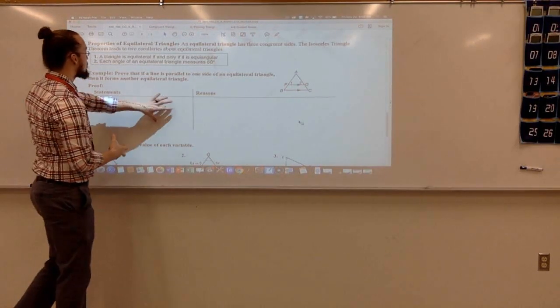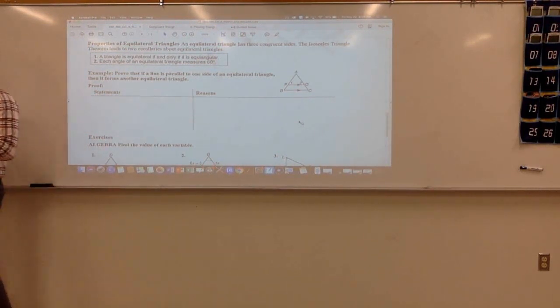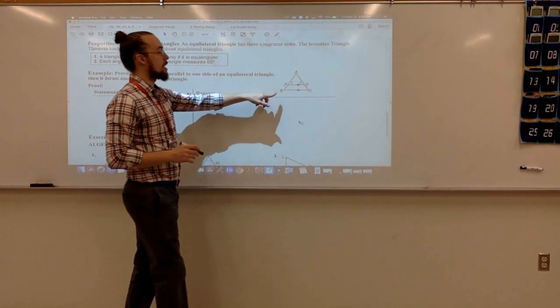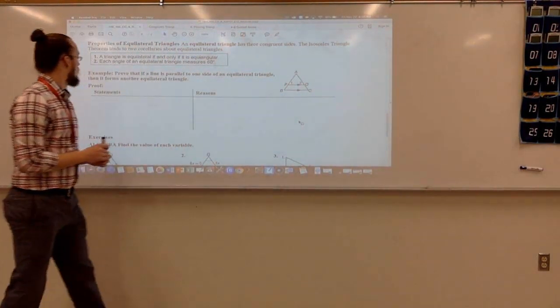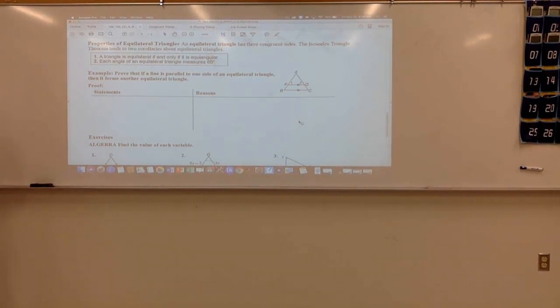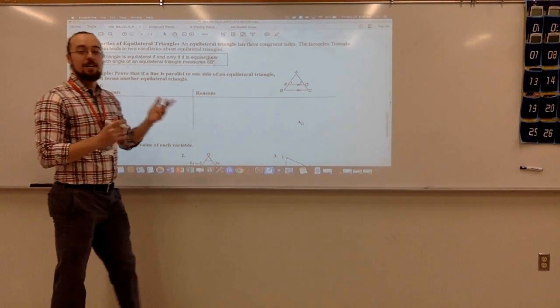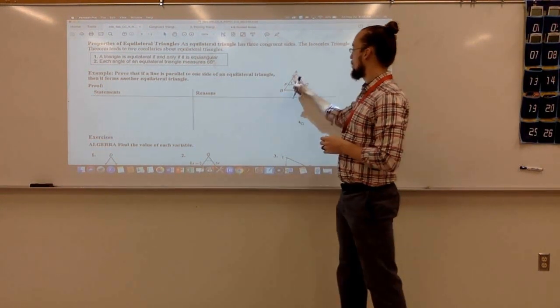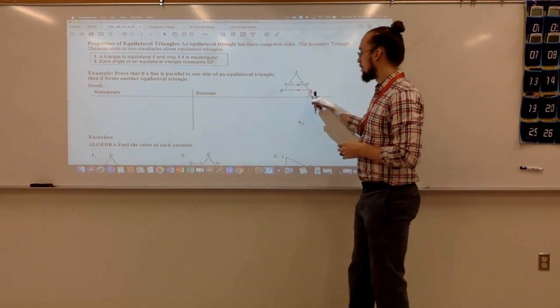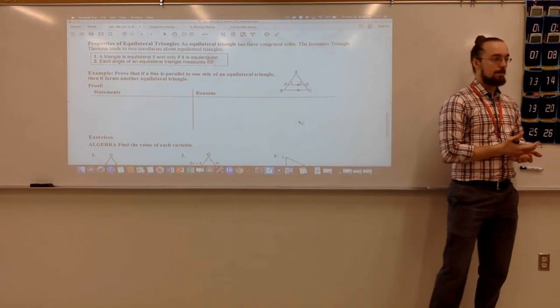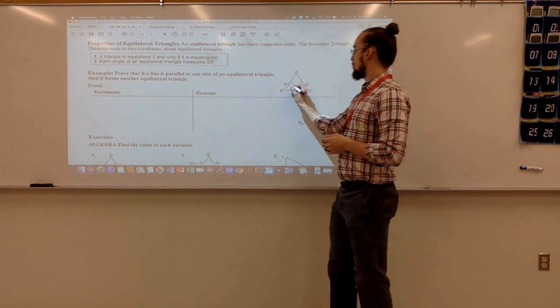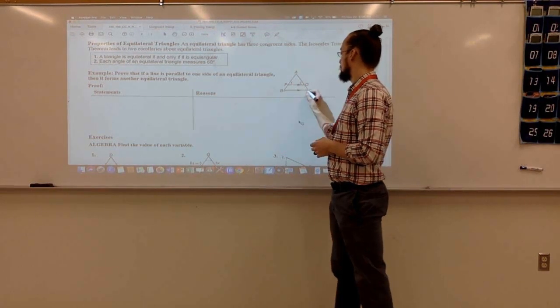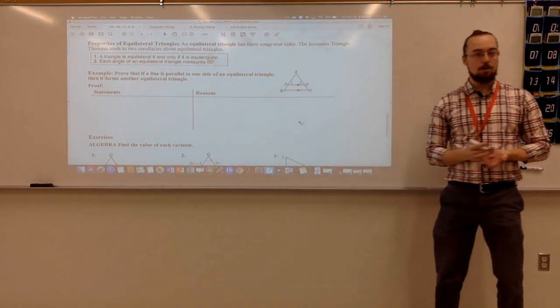Okay, so on this side, we're going to start with a proof. This one asks us to prove that if a line is parallel to one side of an equilateral triangle, then it forms another equilateral triangle. If we look at this diagram, we're given that triangle ABC is an equilateral triangle. And then we're told that these two lines, BC and PQ, are parallel.